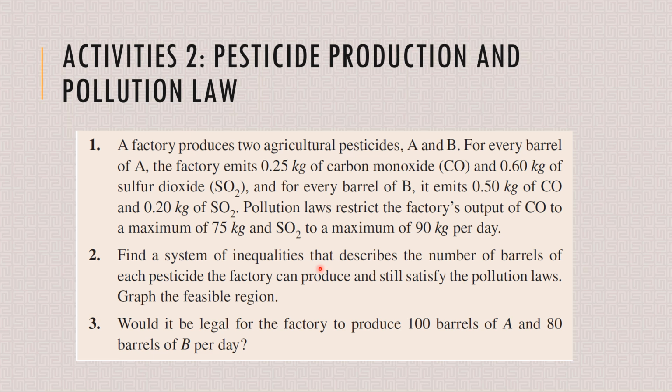The maximum they can release for CO is 75, and the maximum for SO2 is 90. They don't want to go against the law. So how are we going to solve this problem using optimization or linear programming?